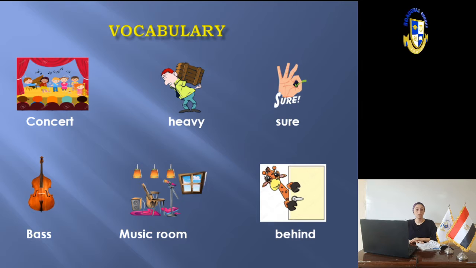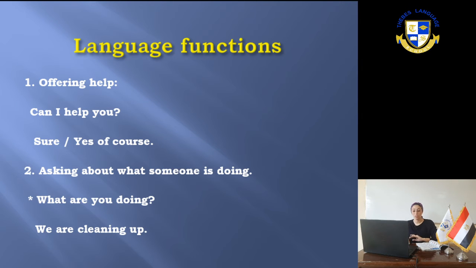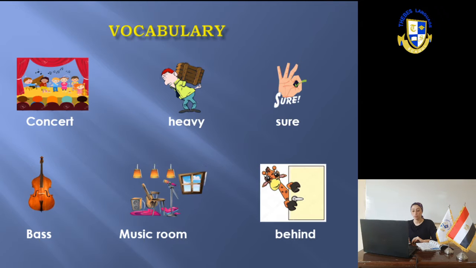So, after finishing the conversation, did you understand? This is great. So I want all of you please to move with me to slide number 5 in order to check the new vocab or the new words that we have mentioned in our conversation. Concert. What does it mean, concert?